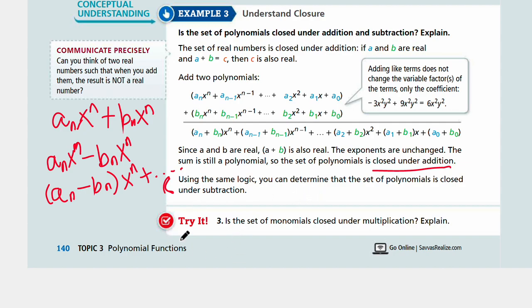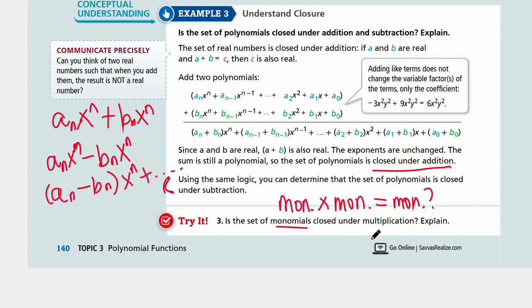But let's try to think about try number 3. Now, we want to know if monomials are closed under multiplication. So that means if we multiply a monomial times a monomial, are we going to get a monomial? If it's not a monomial, if it's a polynomial, then it's not closed under multiplication.